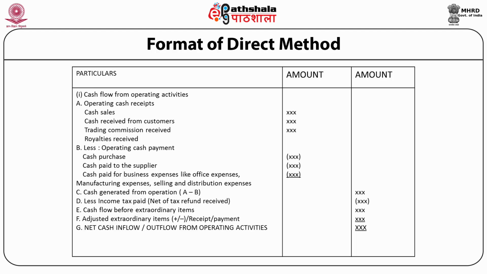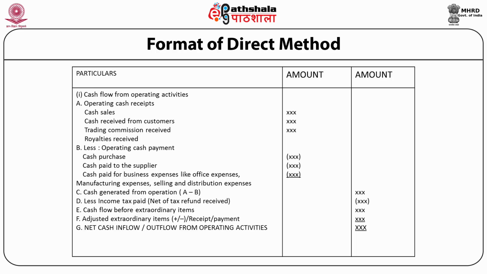Now we'll deduct from these operating cash receipts operating cash payments such as cash purchase, cash paid to the supplier, cash paid for business expenses like office expense, manufacturing expenses, selling and distribution expenses, and we'll find cash generated from operations by deducting A from B, that is by deducting operating cash receipts from operating cash payments, and we'll write this amount in the outer column of amount.